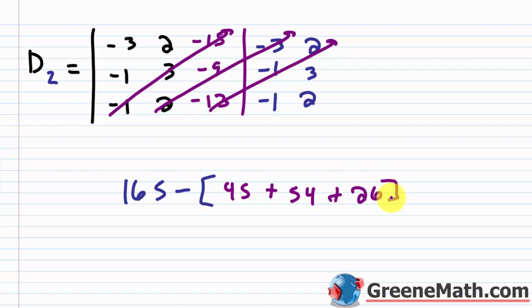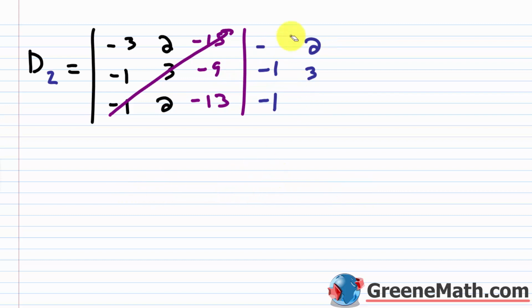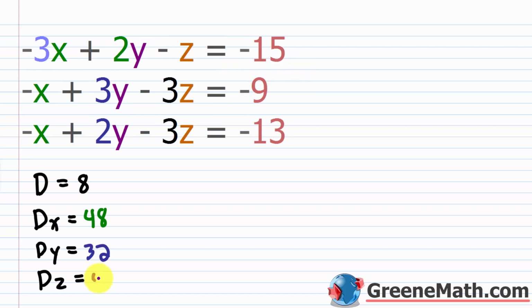So 45 plus 54 is 99, plus 26 is 125. So this is minus 125, and 165 minus 125 would be 40. Pretty simple. Let's erase all of this and say this is equal to 40. Let's go back up and say this is 40.